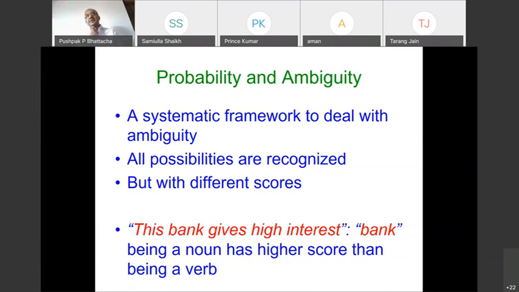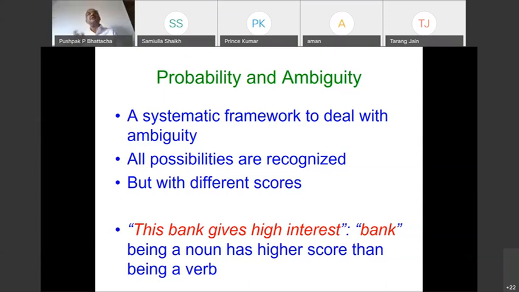Namely, the question is: statistical NLP will give different scores for the probability of NN given bank and the probability of VB, verb, given bank. BART embedding will change the component values.